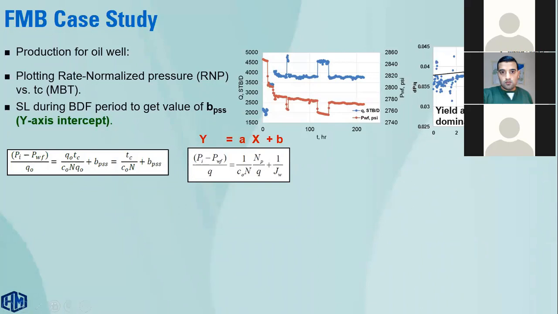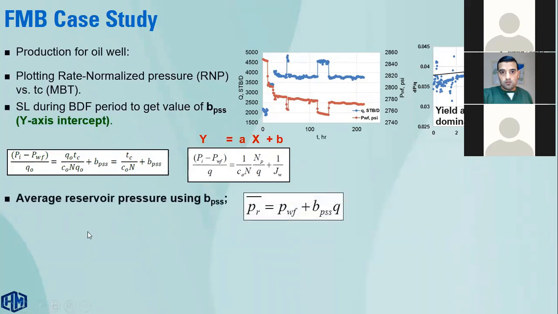As you can see, we have this data. We will use the stabilized boundary dominated flow data to get the value of b_pss, the pseudo-steady state constant. That will be the y-axis intercept.